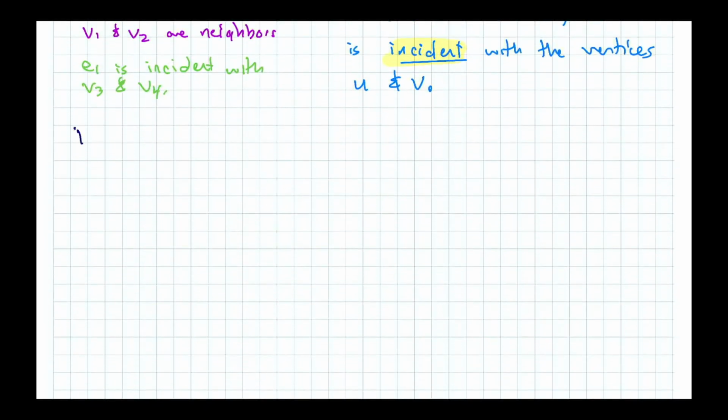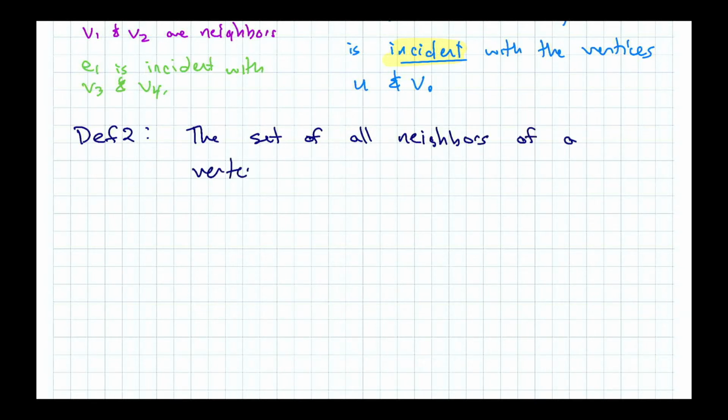All right, so let's move on. Definition 2. The set of all neighbors of a vertex is called, what do you think it's called?